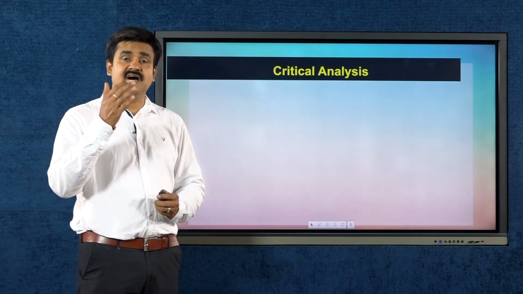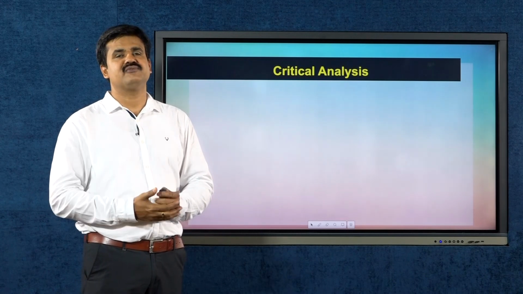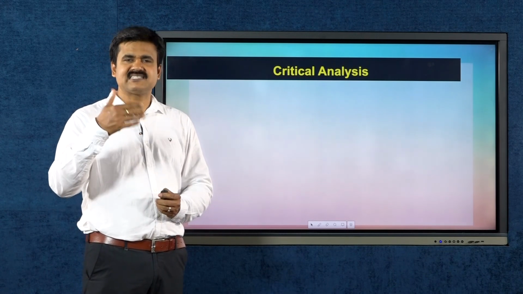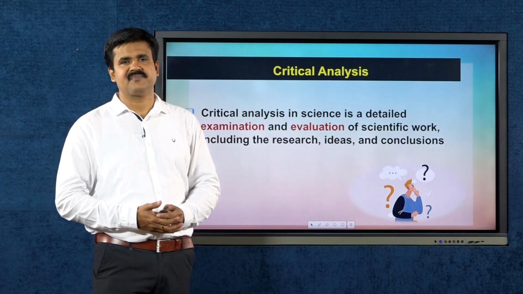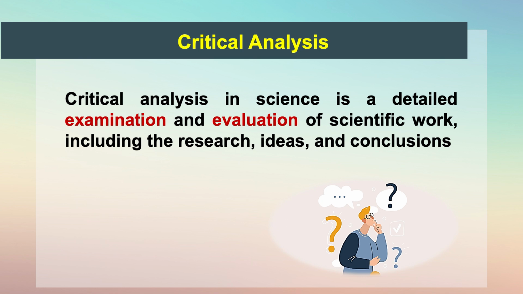Now, the last part in the study of science involves critical analysis. Critical analysis in science is a detailed examination and evaluation of scientific work, including the research, ideas and conclusions.